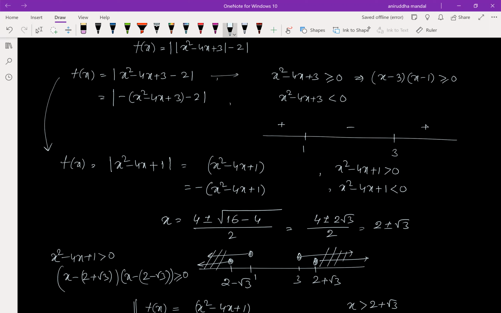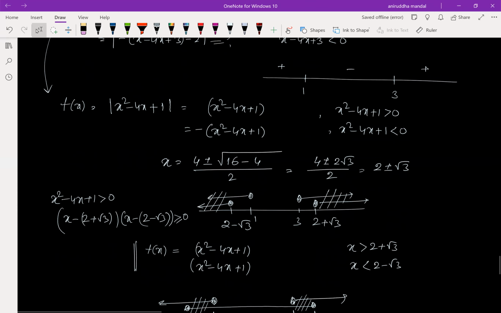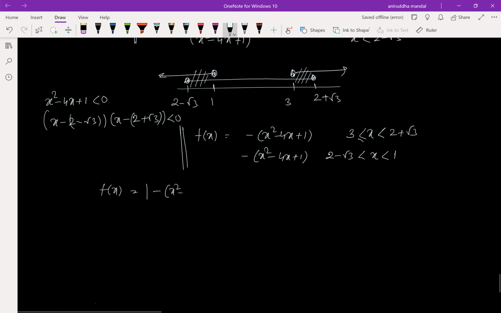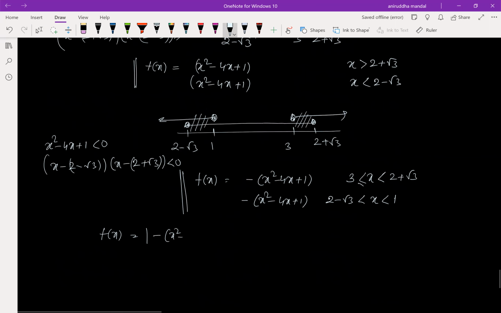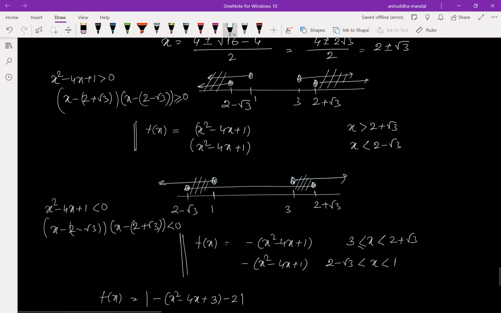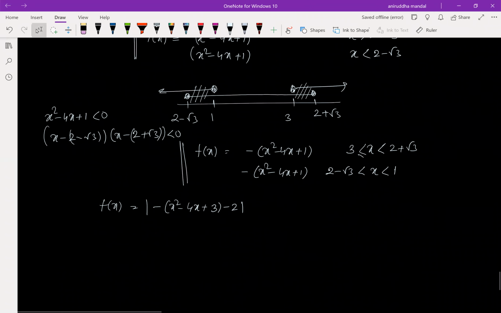Okay, so say this is the third initial equation. So let me write once again. So if x is minus x square minus 4x plus 3 minus 2. Okay, when x square minus 4x plus 3 is less than 0, and x lies between 1 and 3.